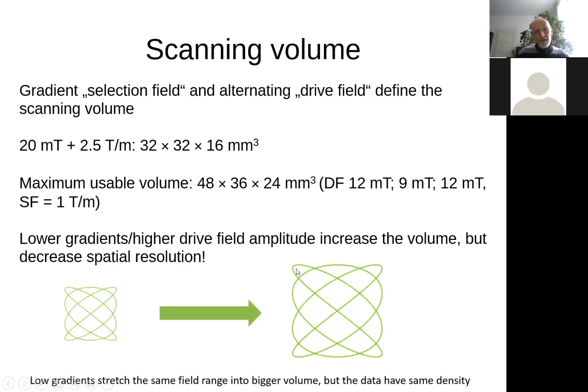And if we increase the volume, then the trajectory becomes less dense. So I obtain the same number of points, the same absolute resolution, but not the same spatial resolution. So in fact, the spatial resolution decreases because I still have the same Lissajous trajectory, which defines the density of the data.